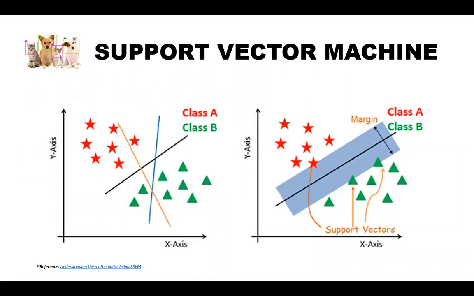So let's first define SVM. A support vector machine, or SVM, is a supervised machine learning algorithm that can be used for both classification and regression tasks. In SVM, we plot the data points as points in an n-dimensional space, n being the number of features you have, with the value of each feature being the value of a particular coordinate.